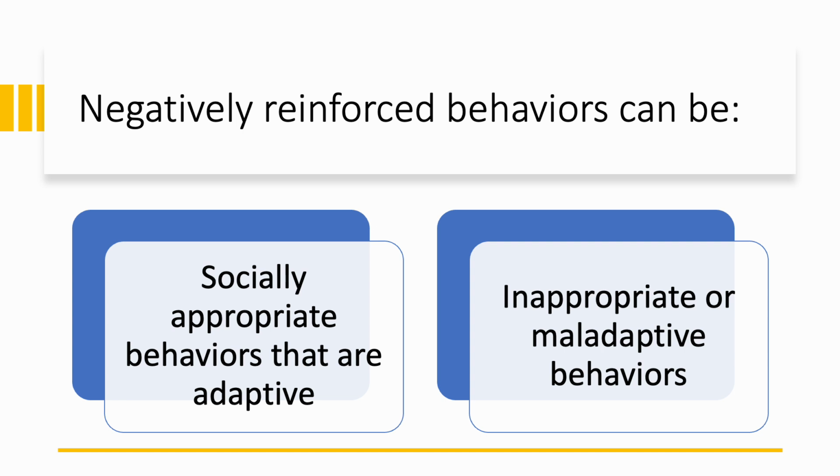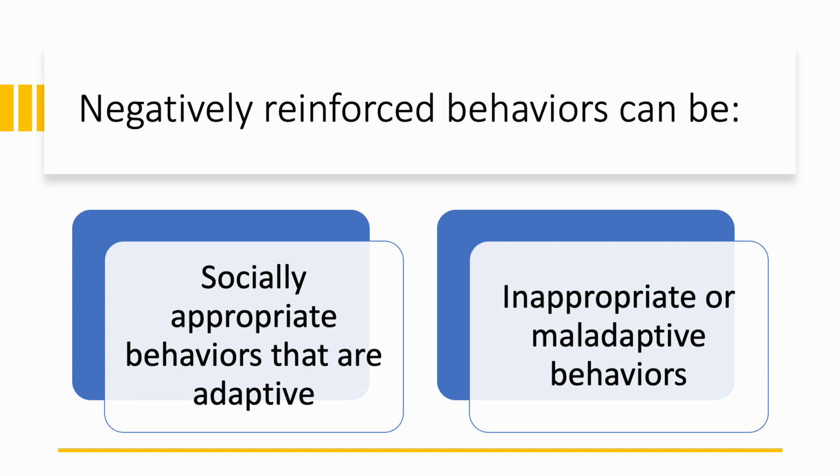There are maladaptive behaviors, though, that people engage in that are negatively reinforced, and we need to be able to distinguish as behavior analysts between these different types of behaviors. We will sometimes try to teach behaviors that are adaptive and serve the purpose of escape or avoidance.